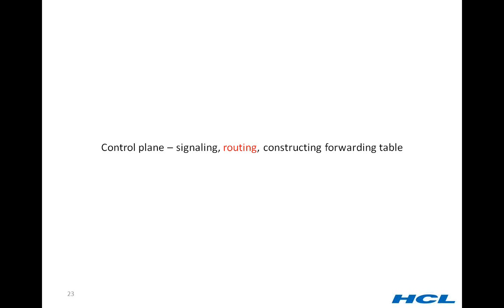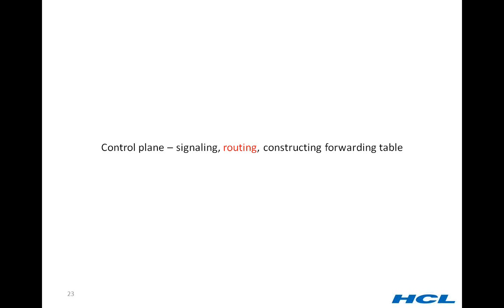And third aspect is how do we construct the forwarding table? Okay. The slight difference here is in routing, you decide the path, which path you want to take in order to reach the destination. The forwarding table is more like, what would be the next hop you want to take?